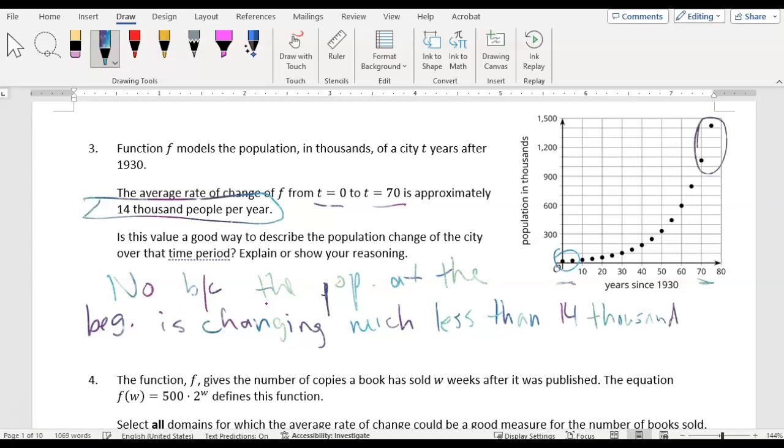And then at the end, we're looking at pretty large leaps of over 300,000 people changing. And so then at the end, it is increasing by much more. So 14,000 is the average. If we were to draw a line from here to here, it's the slope of that line, but it is not showing us per year a good representation at the beginning and then a good representation at the end.